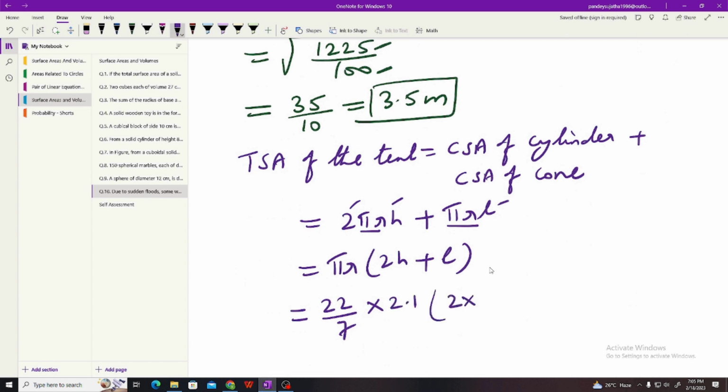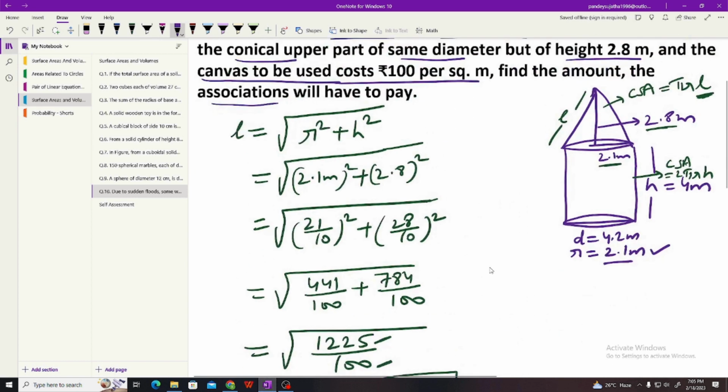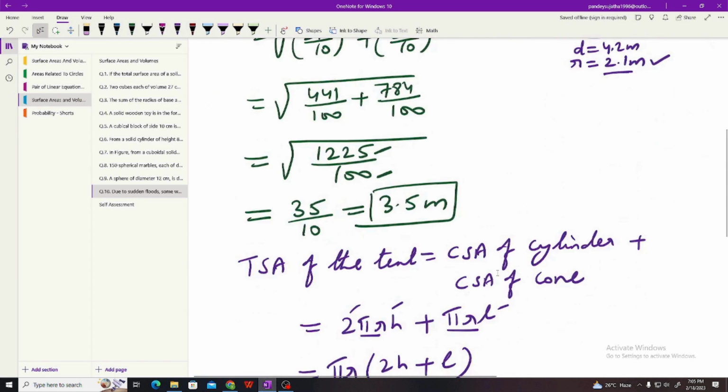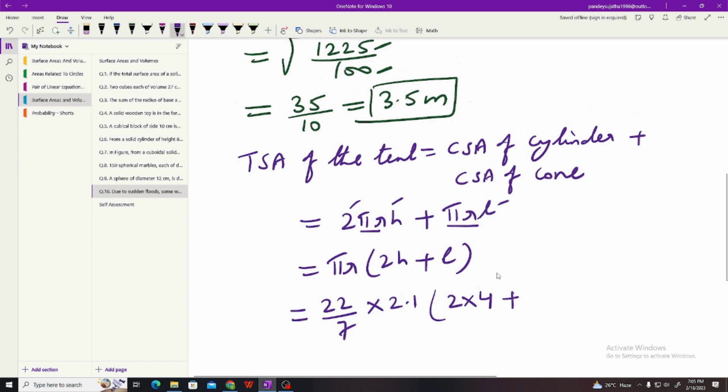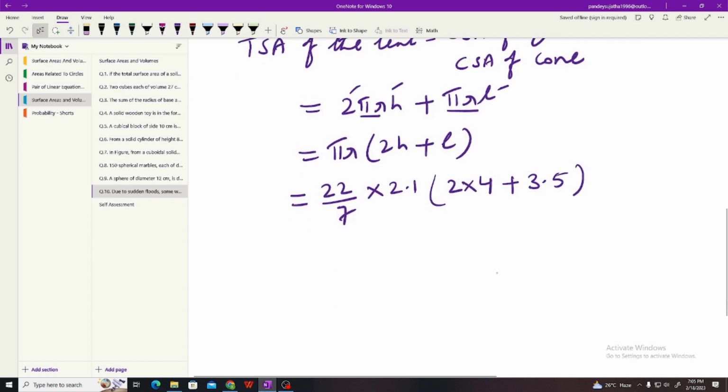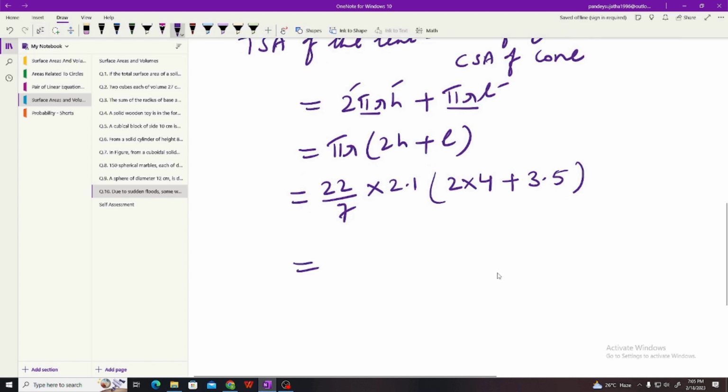And 2 into the height of the cylinder, which is 4 meter. So replace h as 4 plus the slant height we just calculated, that is 3.5 meter. Solve it further. Cancel this 7 with 2.1. We get it as 0.3. So 22 into 0.3, we can write it as 3 upon 10, and 2 into 4 is 8 plus 3.5.